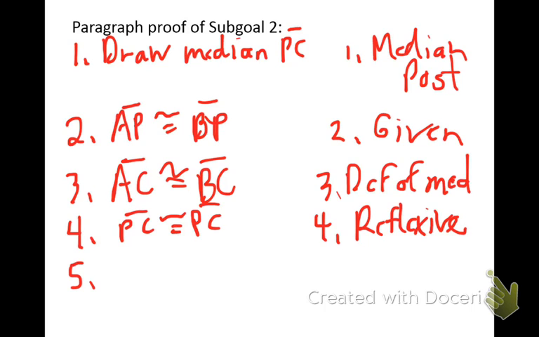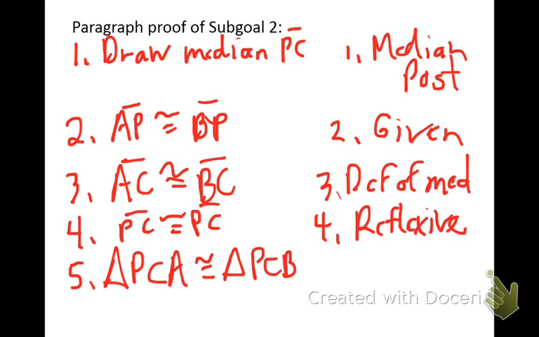Step 5. What am I able to say now? Okay, Nina. Triangle PCA is congruent to triangle PCB by angle side side. What have we shown as congruent? Oh, leg. We haven't established that they're right triangles. Anybody else? Yeah, go ahead, Ben. Side, side, side. Yeah, it's side, side, side. We show they're congruent by side, side, side. And we've got this side here, these two sides, and these two sides.